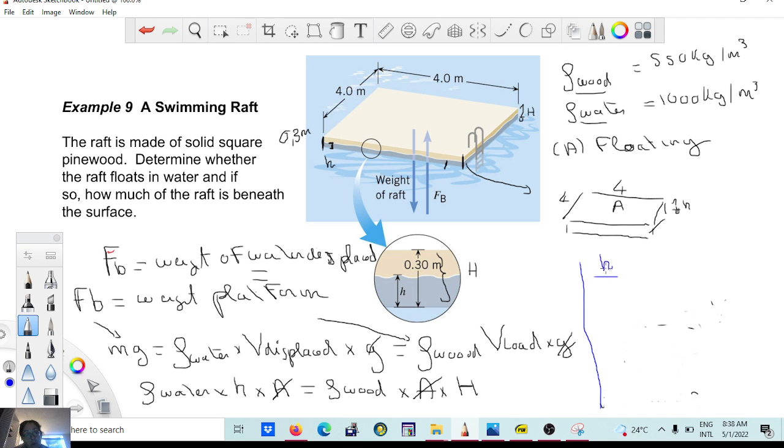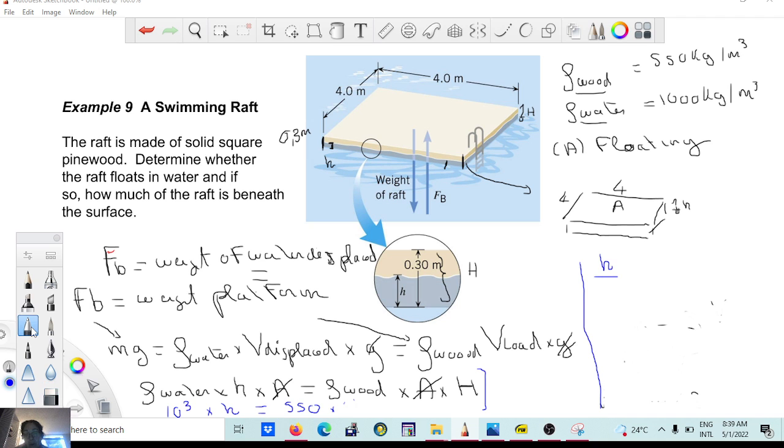But at that point, you can do the math. Okay, you can say this is 10 to the third, that's your unknown, equals the density of wood, 550, times H. So you can already do your math and then generalize.